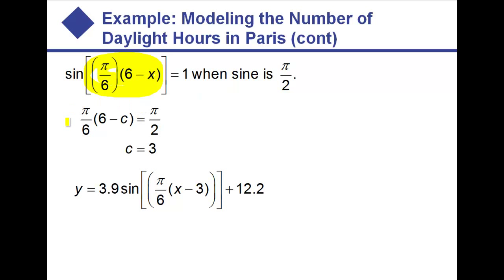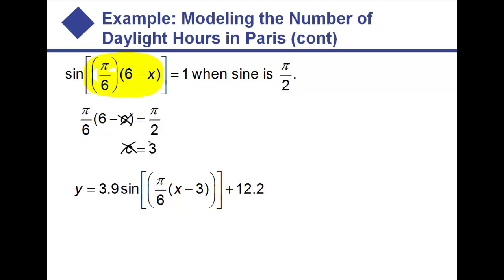So you take all that stuff and set it equal to pi over 2 and solve for what x is. They made it a c here. Don't let that confuse you. This is still x. You're still solving for x.